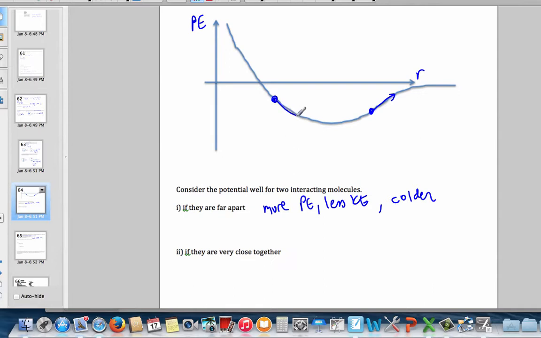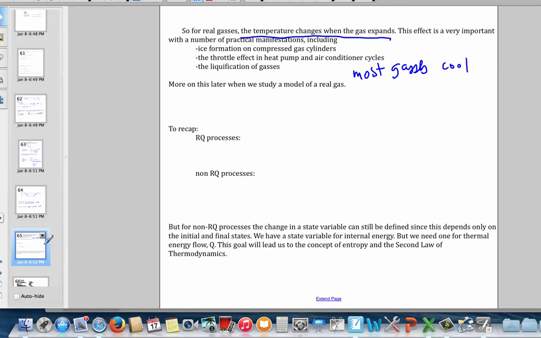So when you give them a little bit more room, suddenly there's less potential energy because the electron clouds are not bumping into each other all the time. So they actually gain kinetic energy and get a little bit hotter. Not very many, but there are definitely gases like that. Some, like hydrogen and helium, actually warm up upon expansion.